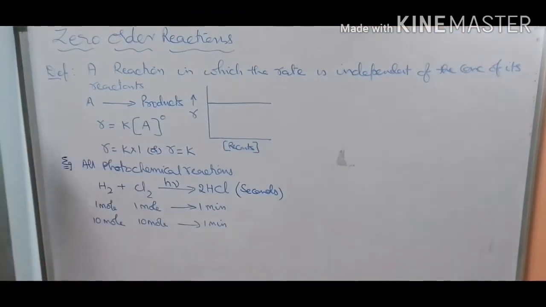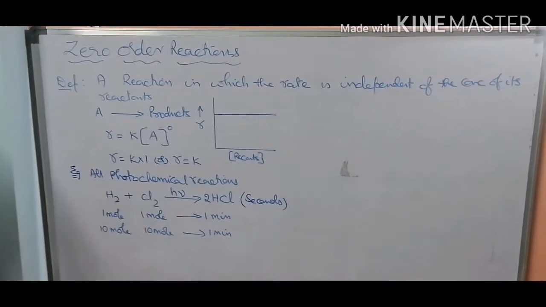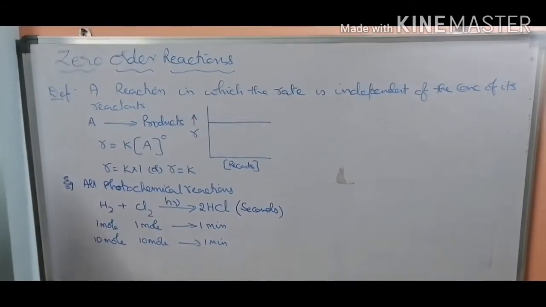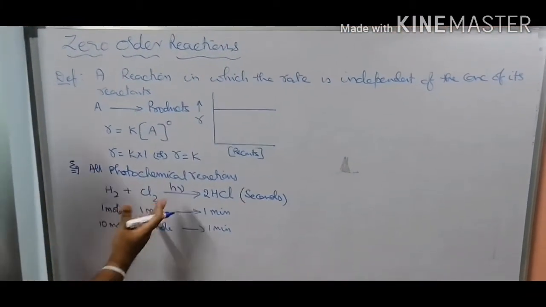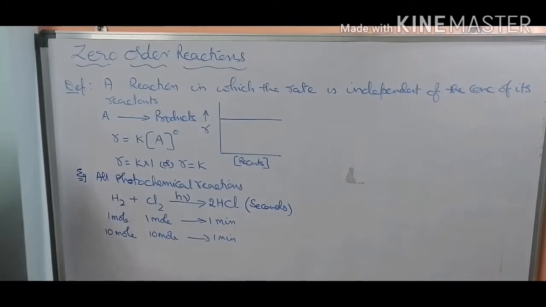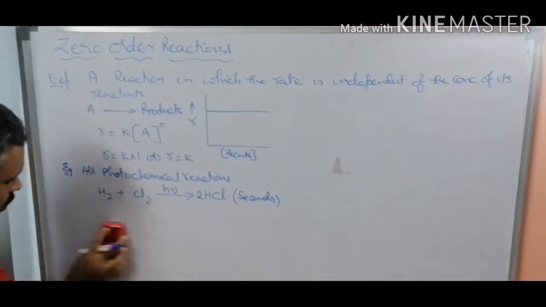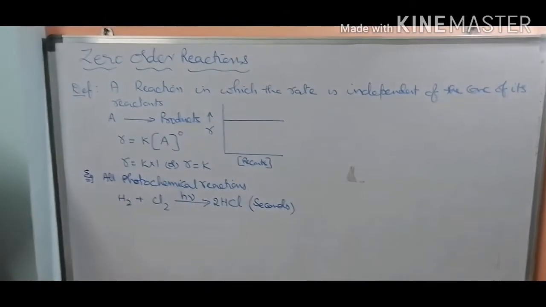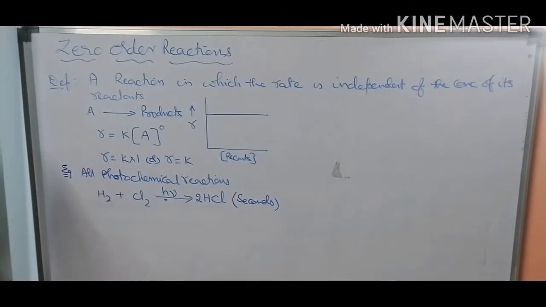Previously it was taking a minute, now it completes in seconds, and you can find that the rate of the reaction has increased, all because of the sunlight you have put in the reaction. So the concentration of the reactant, be it 1 mole or 10 mole, doesn't affect the speed of the reaction, and only sunlight was responsible for the rate of the reaction.